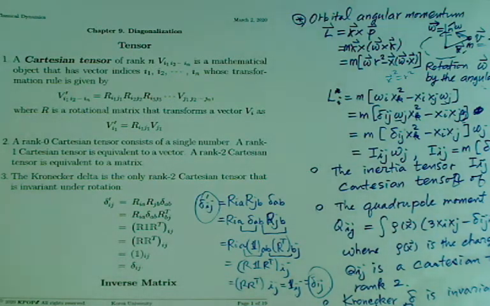Hermitian matrices are that appears in quantum mechanics.